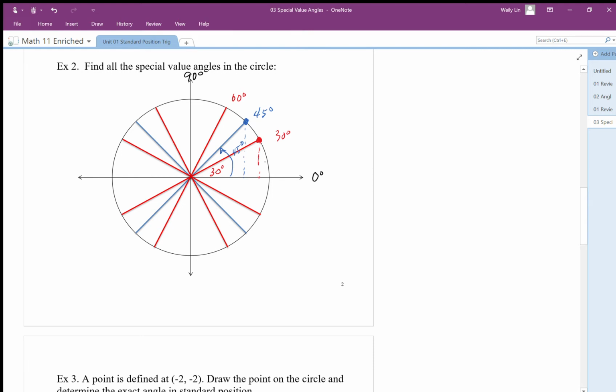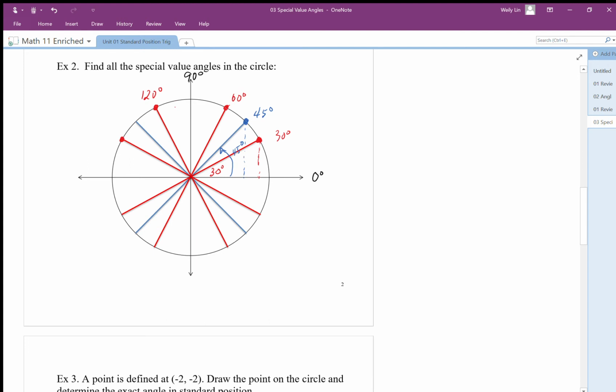So we have 30-degree increments here. You can see the special triangles showing up. When I get to the red point here, this relates to 60 degrees, and it's symmetrical across here. So this is going to be 120 degrees at that point. I'm just going to skip to this one here.